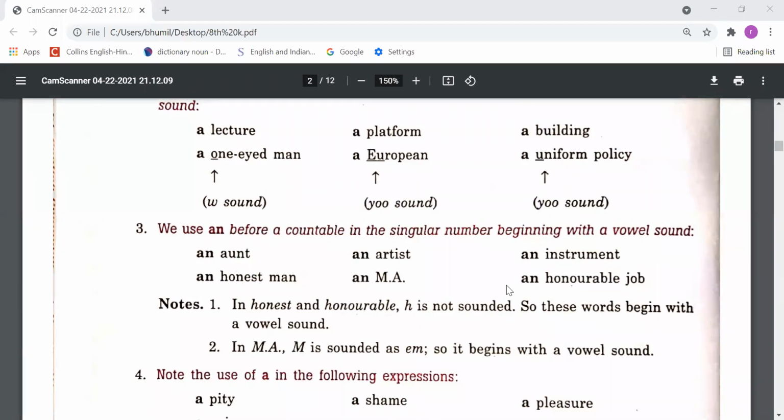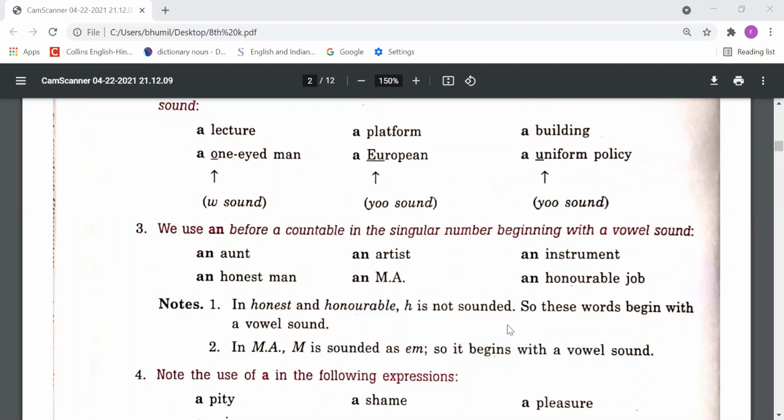An honorable job, the "o" is a vowel sound here, that's why we have used "an". So according to the sound, we should use either "a" or "an". Note: in "honest" and "honorable", the H is not sounded, meaning it is skipped, it's silent.